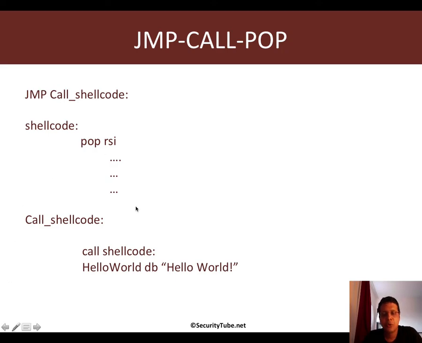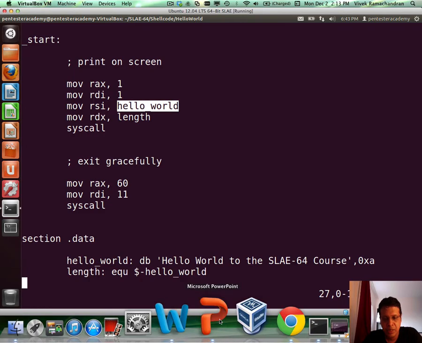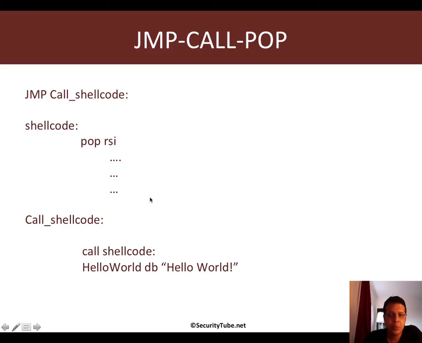Now if you go back and look at the assembly language for hello world.nasm, the RSI register needs to contain the address of the hello world string. That is why in the jump call pop structure, when we call shellcode and land here, the first instruction pops the top of the stack into RSI, and the top of the stack contains the address of the hello world string.